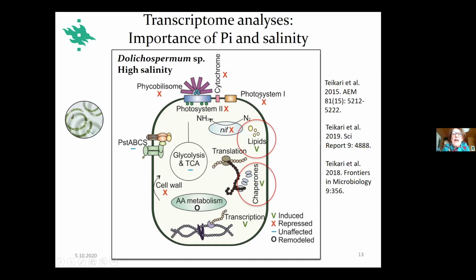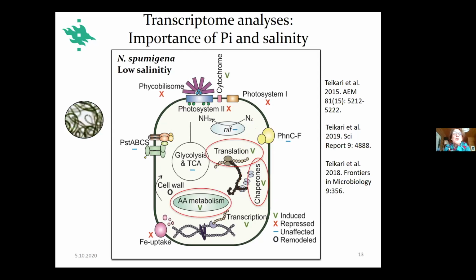You can see that again there is repression of photosynthesis, repression of nitrogen fixation because it's a very expensive process, and then transcription, chaperones and lipid genes were induced.